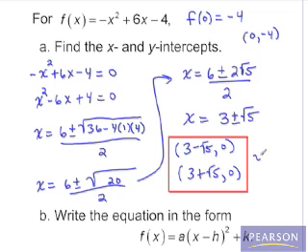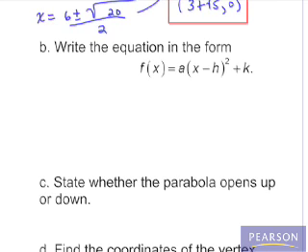So here are our two x-intercepts, and here is our y-intercept. So again, I'll draw a box around that so we can find it later when we have to graph the function. X-intercepts, y-intercept.